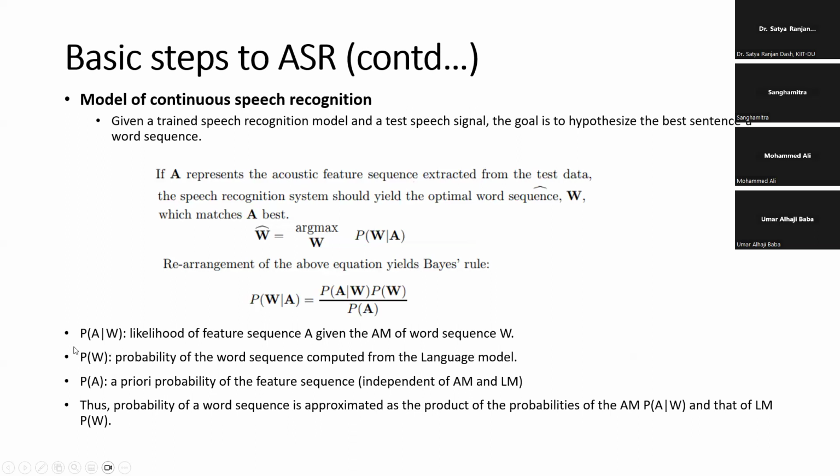Likewise, P of W, that is probability of W, is the probability of the word sequence. W is the word sequence here. So this is how likely this particular word sequence is. The probability of A given W is how likely this acoustic feature sequence is given a particular word sequence.